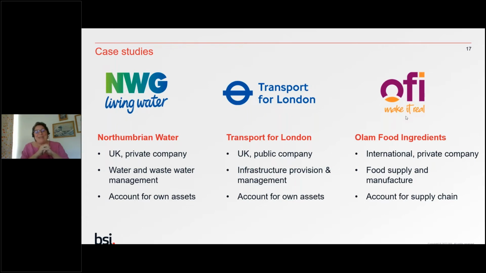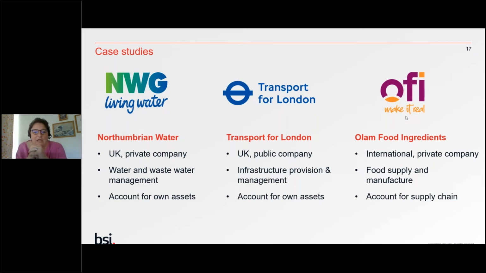So, okay, our three case studies are Northumbrian Water, Transport for London, and Olam Food Ingredients. They have applied the natural capital account for their organizations, and they give a nice spectrum of organizations for us: private and public companies based in the UK, and a private company internationally.